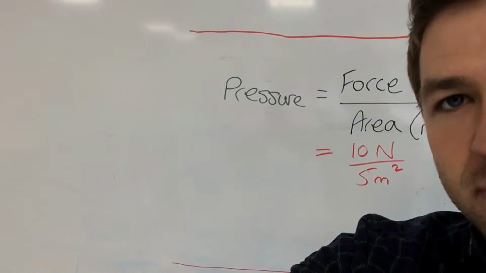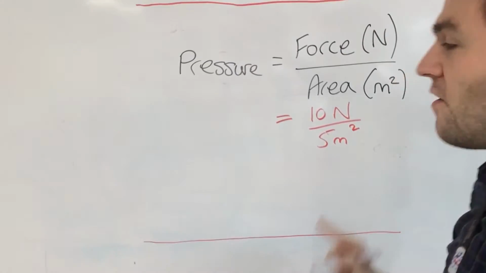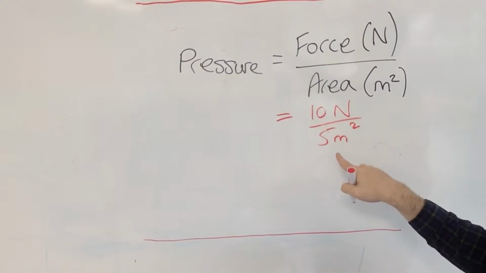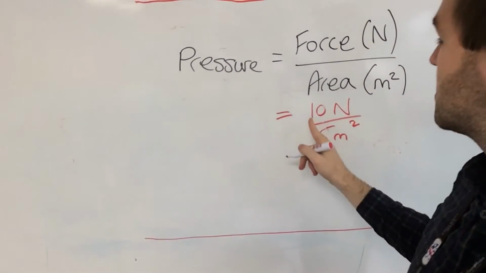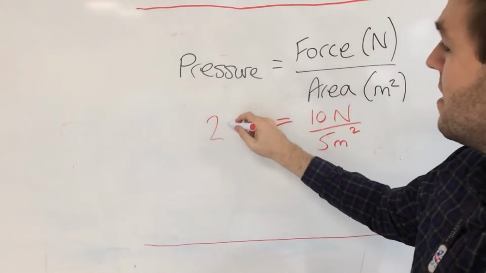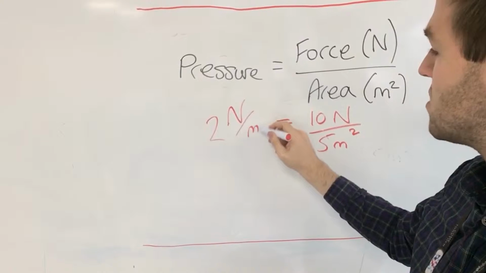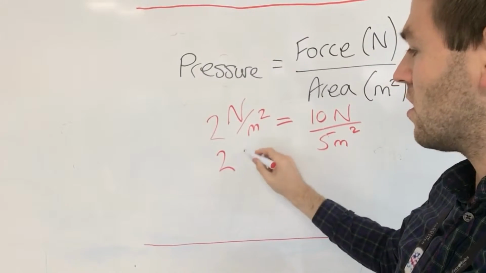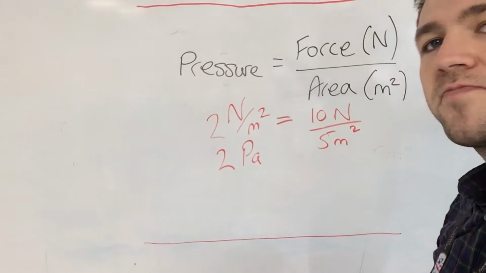Yes, perfect. So what you have now, say an area is 5 meters squared. Like so. 5 meters squared, 10 divided by 5 is going to give me, of course, a number of 2. And my unit here is newtons per meter squared, which I can call 2 pascals.